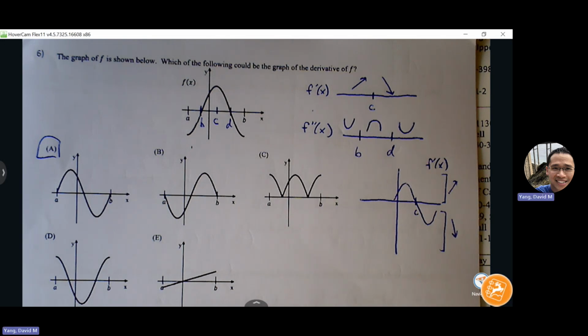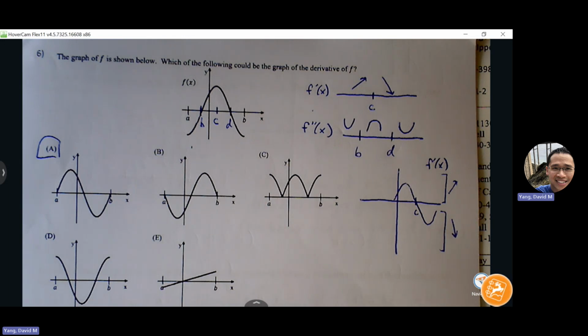So if I want to translate this onto an f prime graph, I have to have above the x-axis representing positive slope, below the x-axis representing negative slope, and then point C as my relative max. So left of point C, I want my graph to be above the x-axis, and to the right of point C, below the x-axis.